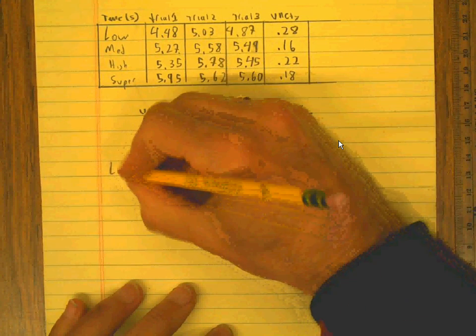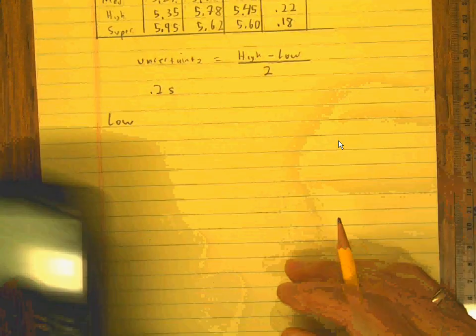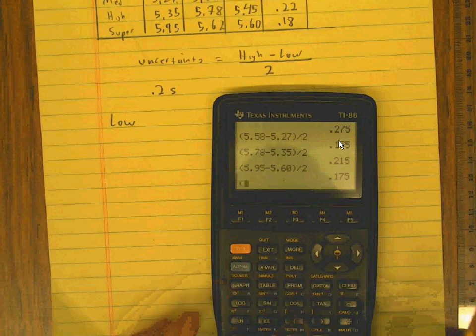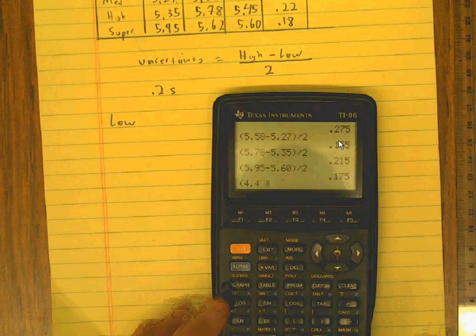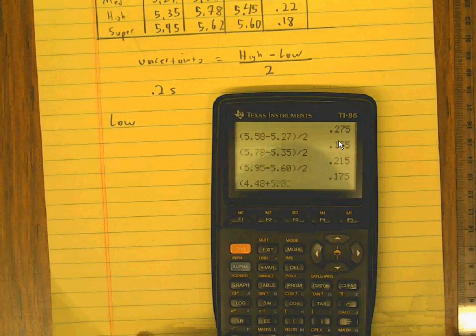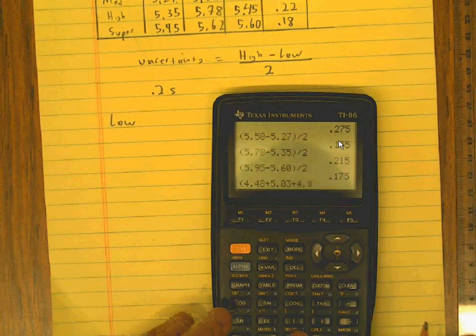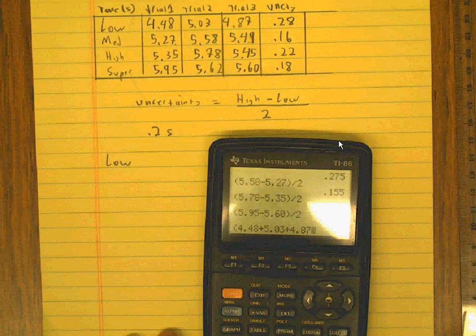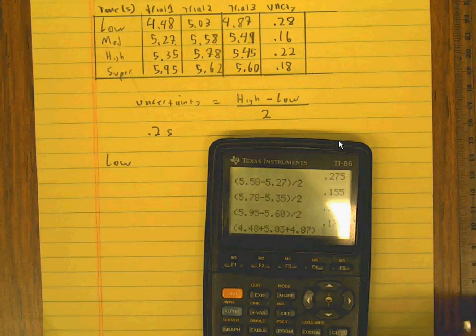The first thing I want to do is average these numbers: 4.48 plus 5.03 plus 4.87. Those are the 3 times, and then I just divide by 3.